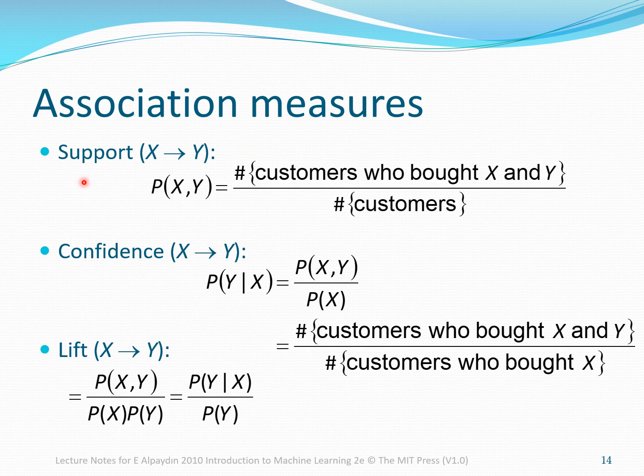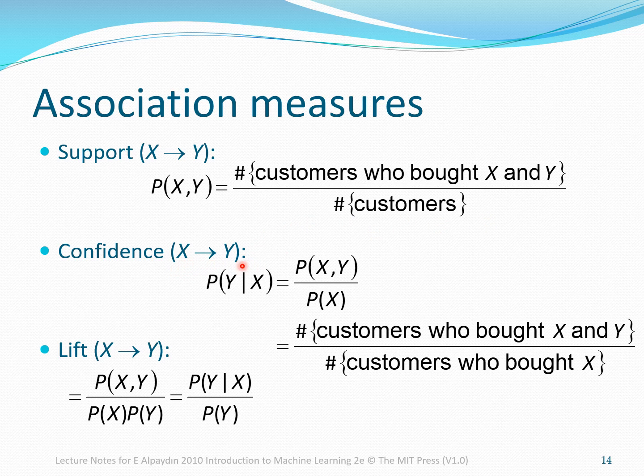Association measures are support, confidence, and lift. Support of X tends to Y is the probability of X comma Y, equal to the number of customers who bought X and Y divided by the number of total customers.